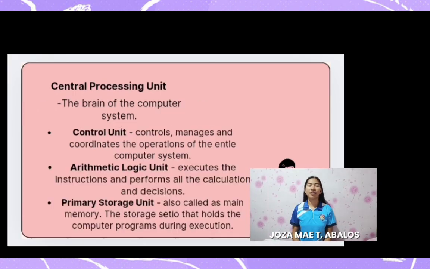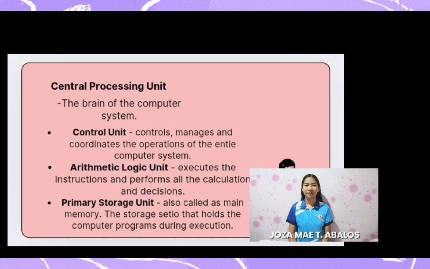The central processing unit manipulates and controls data over the entire system, and is also known as the brain of the computer system. It has three parts: the control unit, the arithmetic logic unit, and the primary storage unit.